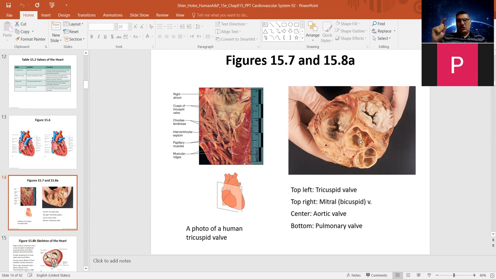We reserve this word for the tricuspid valve, which is the right AV valve. But just for your information, those two also have 3 leaflets. Look, 1, 2, 3, 1, 2, 3, 1, 2, 3. So all of them, except for this one, have 3 leaflets, but we don't call them tricuspid. I'm just telling you how to know them from each other.